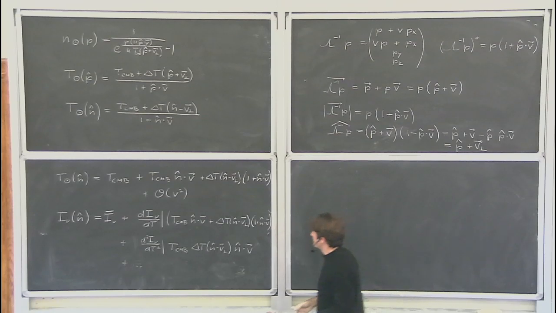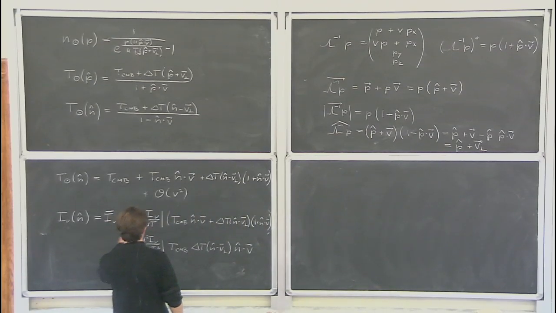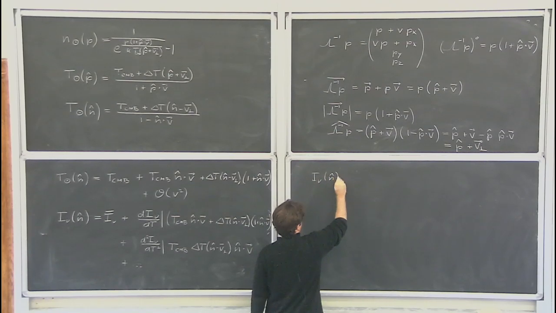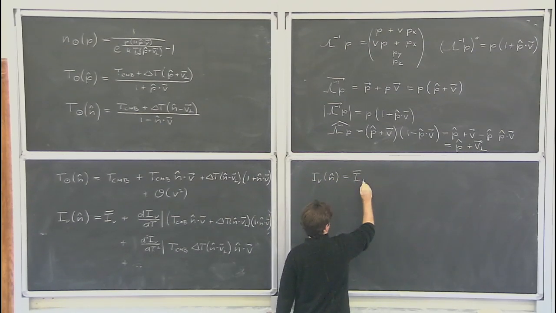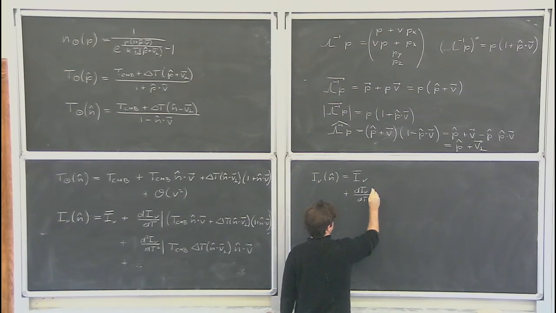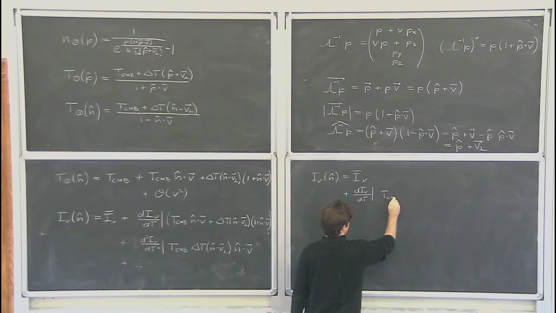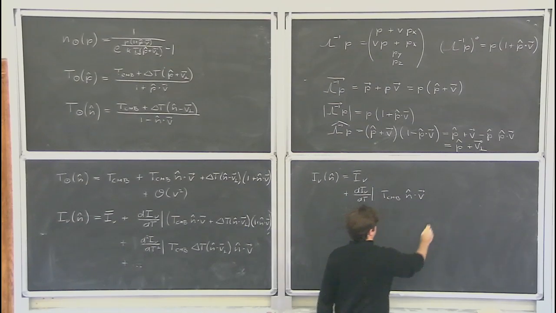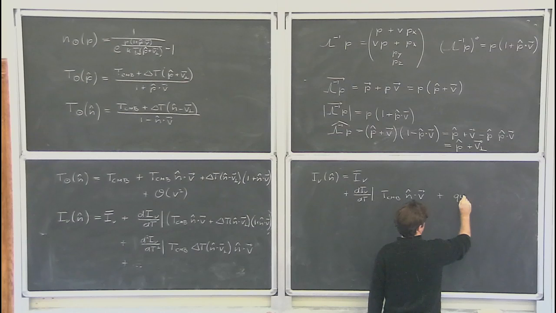And with this, we can now just collect the different terms again. So there's the usual monopole, I nu of n hat. Then there's the dipole, plus the dI nu dt, T CMB n hat dot V. The dipole we worked out before, and then there's also the quadrupole contribution that I didn't keep track of now, but it's obviously still there.